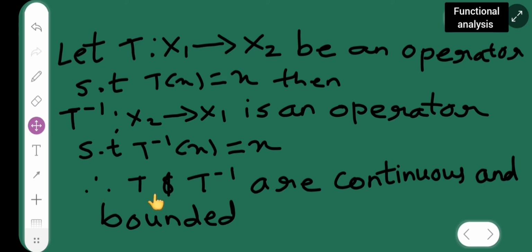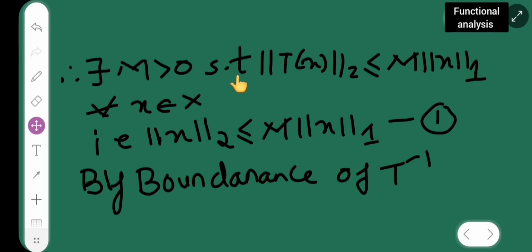Therefore, T and T inverse are continuous and bounded. Once you see it is continuous and bounded, you have to bring in the definition, which says that there exists capital M greater than 0 such that norm of T of x in X2 is less than or equal to M norm of x in X1 for all x belonging to X. What is my T of x over here?